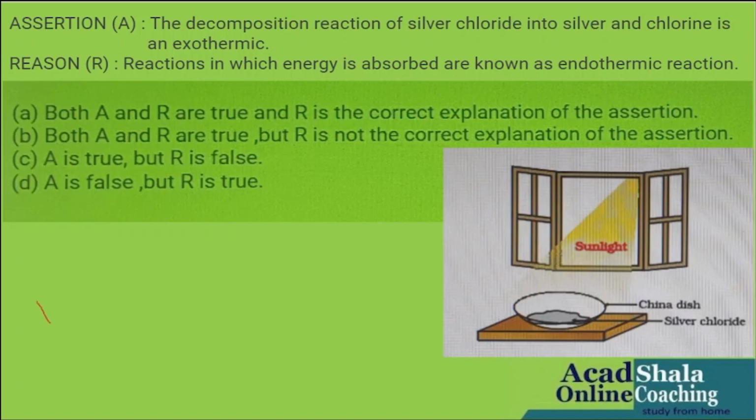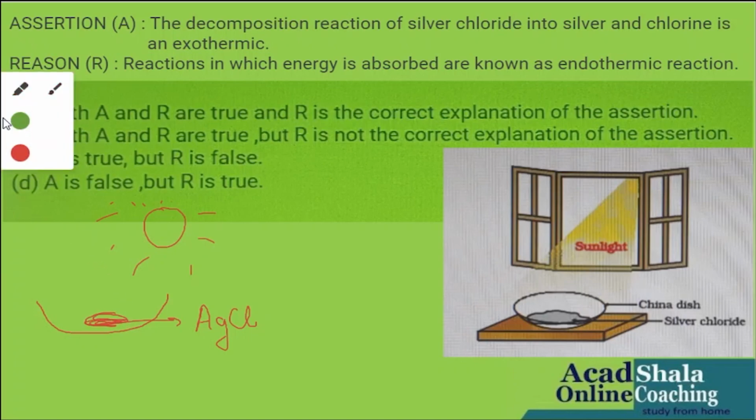I have taken silver chloride, that is AgCl, in a china dish, and there is a sun over here. In the presence of sunlight, in the presence of light, this AgCl, of course, children, it is absolutely true, will absorb the heat.